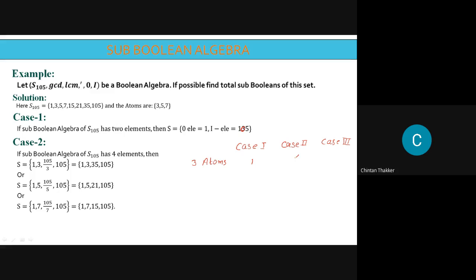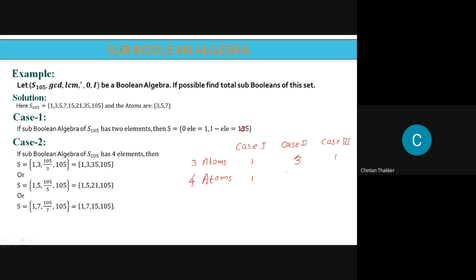In case 2 we get three sub-Boolean algebras. And in case 3 we get one; the set itself is a sub-Boolean algebra. If we have four atoms, then in case 1 we have one sub-Boolean algebra.